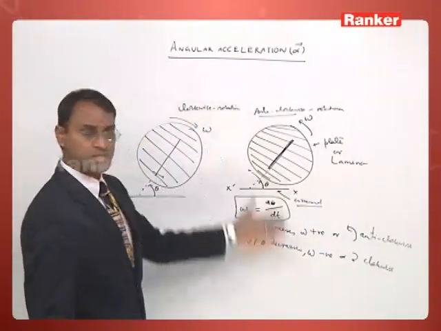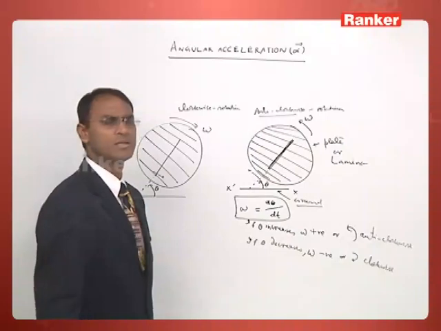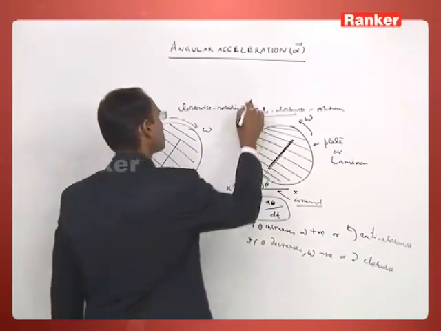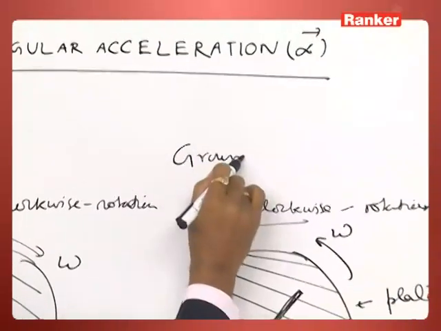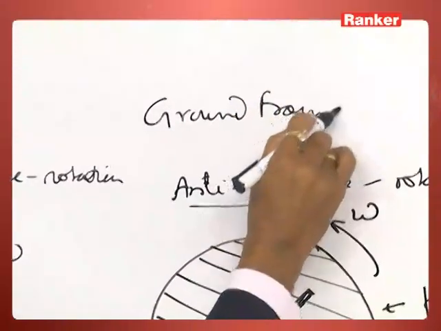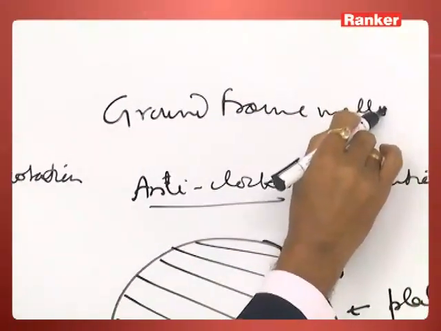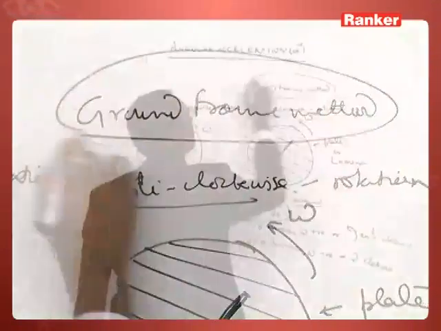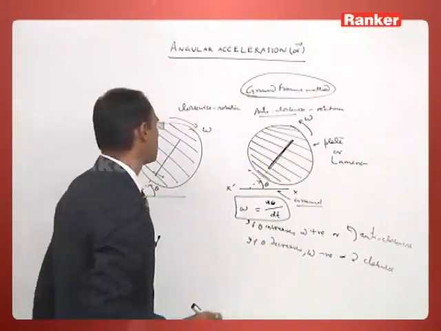Therefore, this measurement of angular velocity is based upon the method called ground frame method. That is what we discussed in the last class.